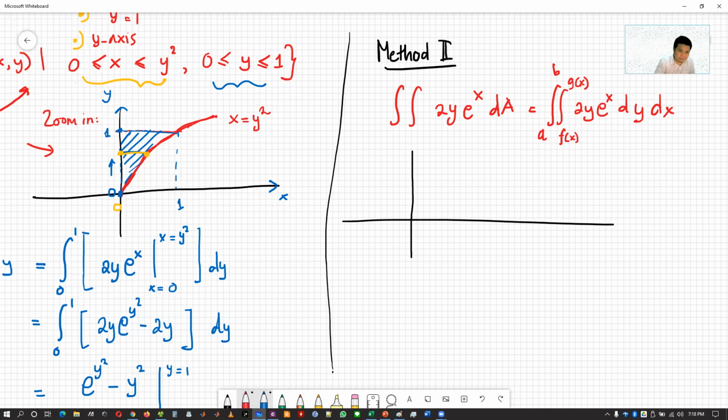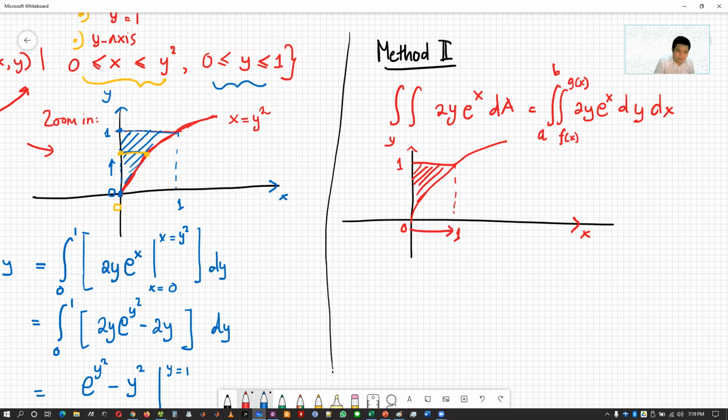Let's try to draw it again to make it more clear. This is the area that we are looking for. This is from 1 to 1. This is the x, this is y. But now we consider that x should be constant. So what do we have? x is between 0 until 1.